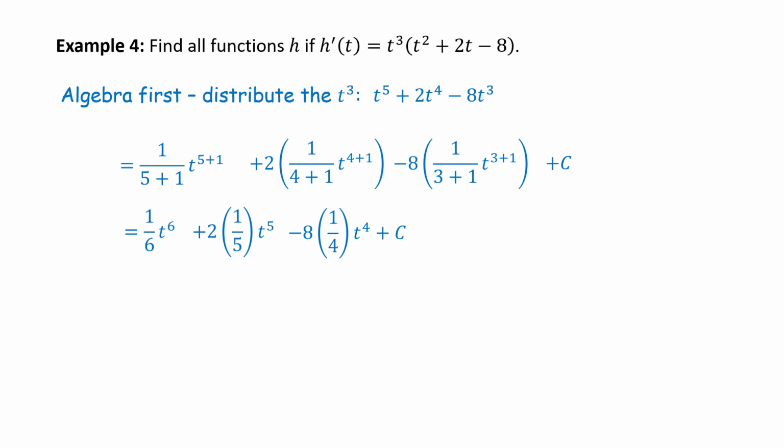Final cleanup. 1/6 t to the 6th plus 2/5 t to the 5th minus 8 over 4 is 2, so 2t to the 4th plus c. Our function h of t is equal to 1/6 t to the 6th plus 2/5 t to the 5th minus 2 times t to the 4th plus c.